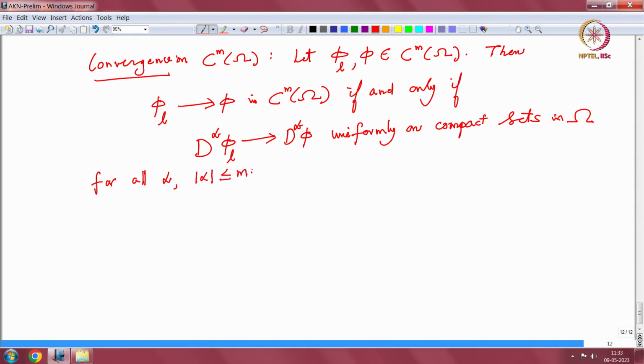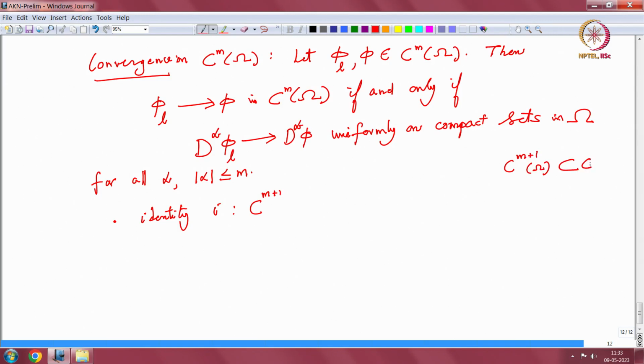Okay. And another thing you can see is the identity I from Cm plus 1 of omega, which is contained in Cm of omega.